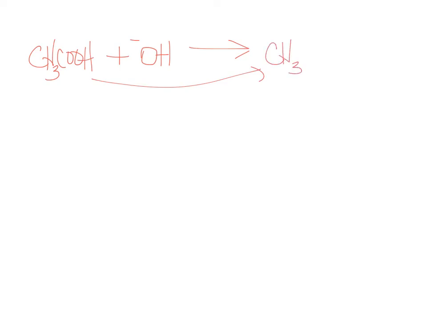Since your contaminant is a base, hydroxide, it's going to react with the acid component of the buffer, which is acetic acid. All right? And it's going to produce more of the conjugate base, which is the acetate ion. Okay.